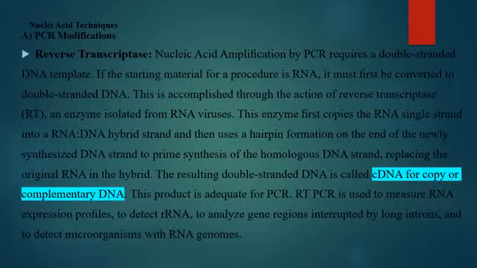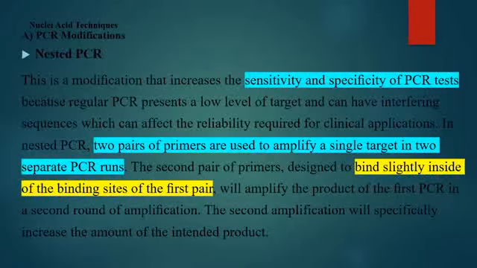So if you have a microorganism that has RNA, this is how you are able to identify it. You can also detect the presence of rRNA in samples. So this is reverse transcriptase, moving from RNA to DNA.